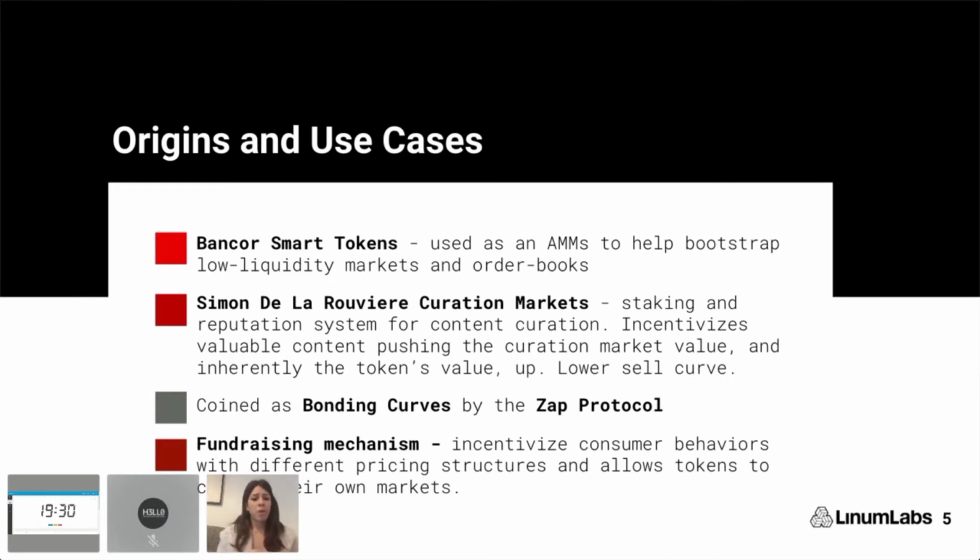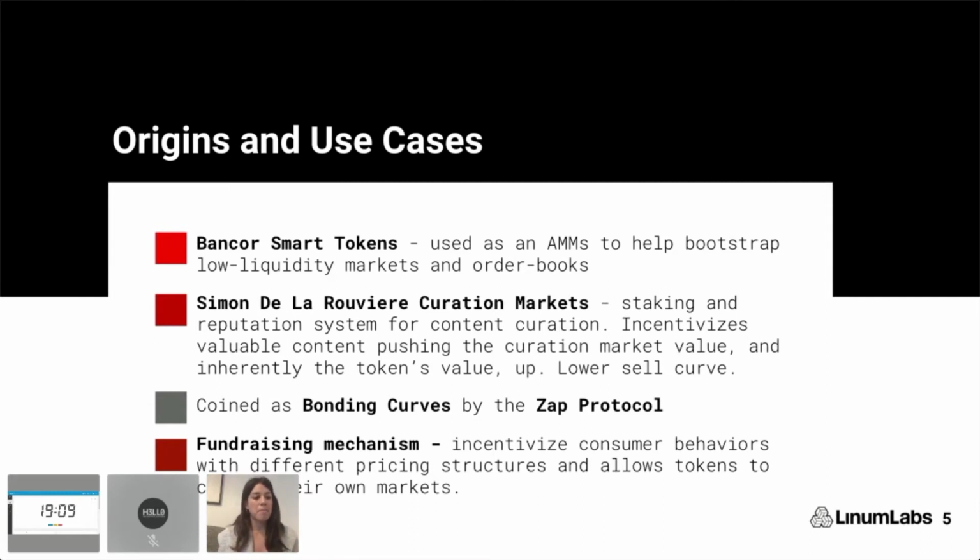In the curation markets, which I won't focus on too much, essentially the bonding curve is used as a staking and reputation system for content creation. It essentially incentivizes a market to create a token in relation to the content curation that they put together.